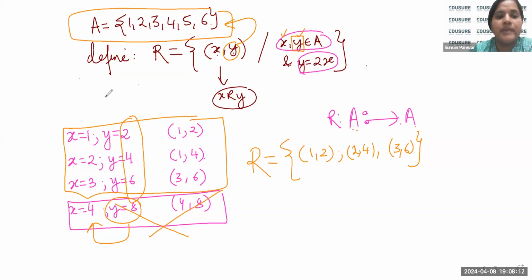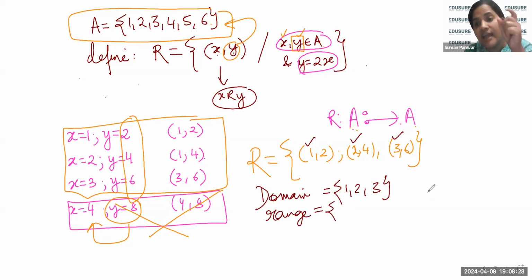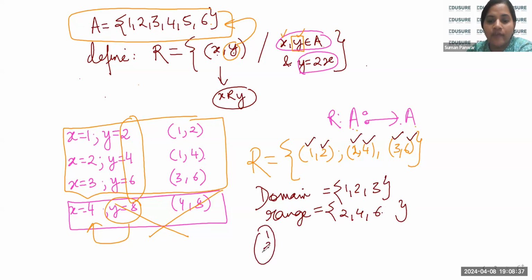All right. So now, what is the domain of this relation? The domain is the first entries: 1, 2, 3. And what is the range? Range means the exact values taken. So the exact values are 2, 4, 6. You will notice the domain is 1, 2, 3, and it is taking values 2, 4, 6. 1 goes to 2, 2 goes to 4, 3 goes to 6.